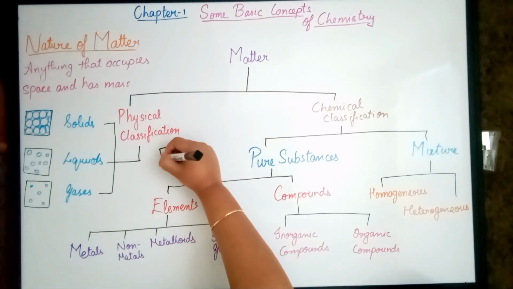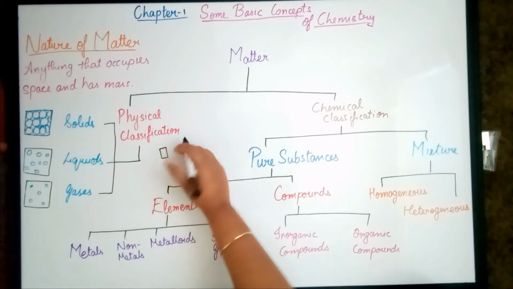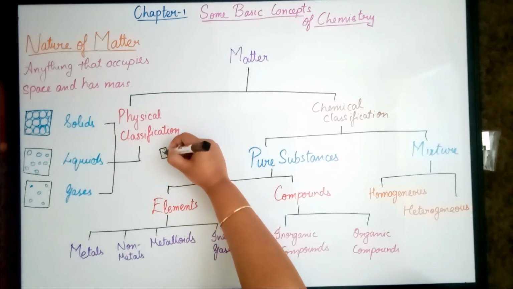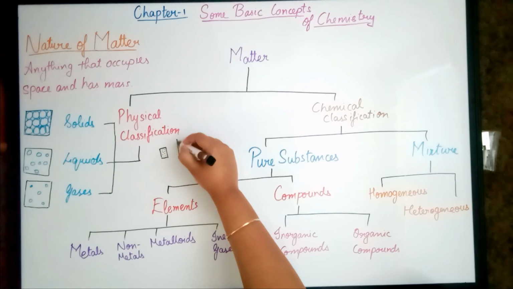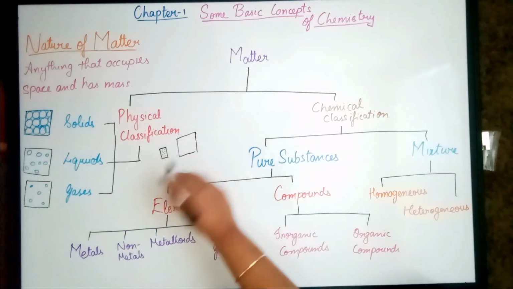Assume you have a small tiny box, and you have a few molecules of gas within it. Now assume that you are transferring all of these contents to a bigger box.